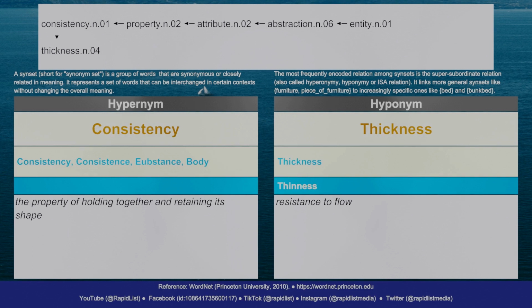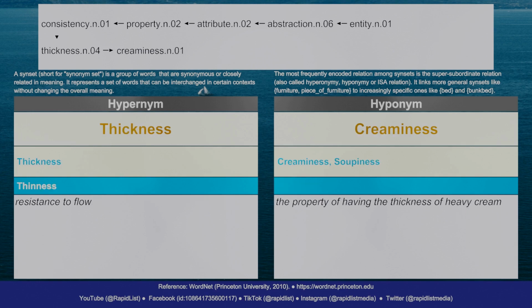Thickness. Resistance to flow. Creaminess. The property of having the thickness of heavy cream. Semifluidity. The property midway between a solid and the liquid.